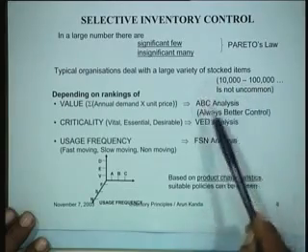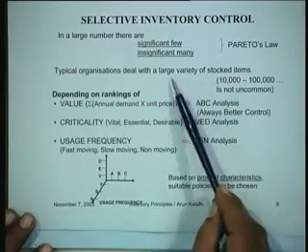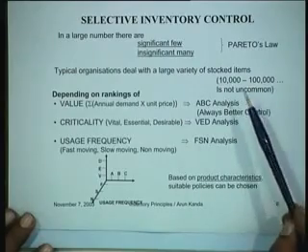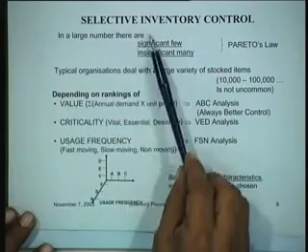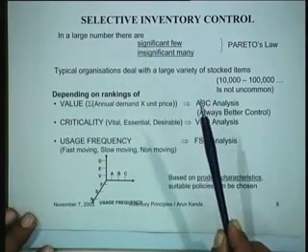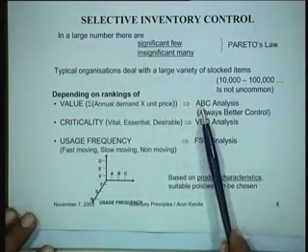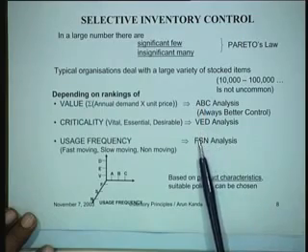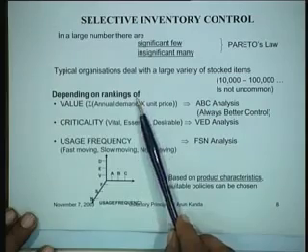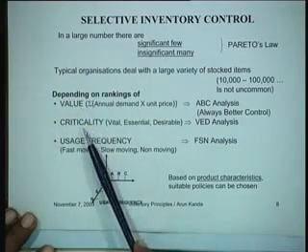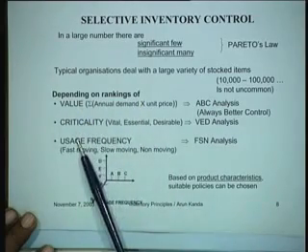So what we are trying to say is that you have a large variety of these stocked items. In this classification into selective inventory control, we talk of classification on three different terms. We can talk about classification and ranking of the inventory on the basis of value, on the basis of criticality, and on the basis of usage frequency.